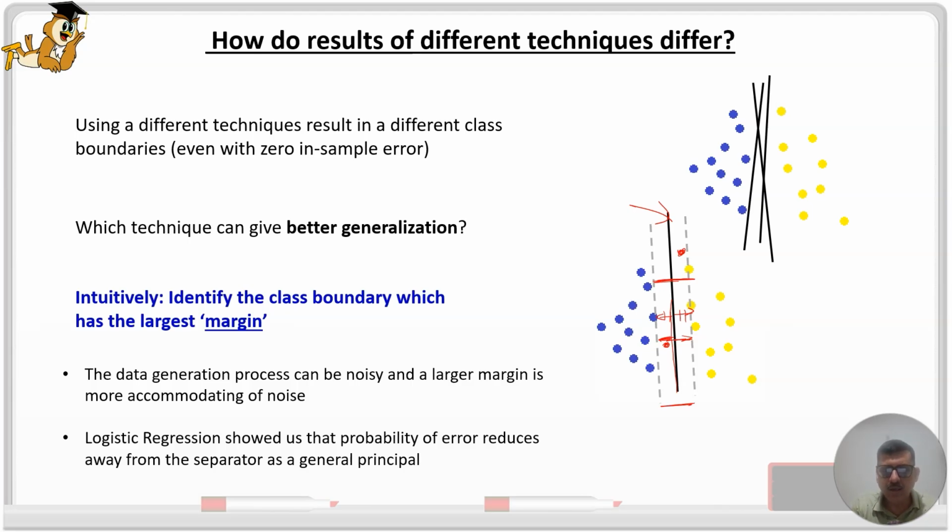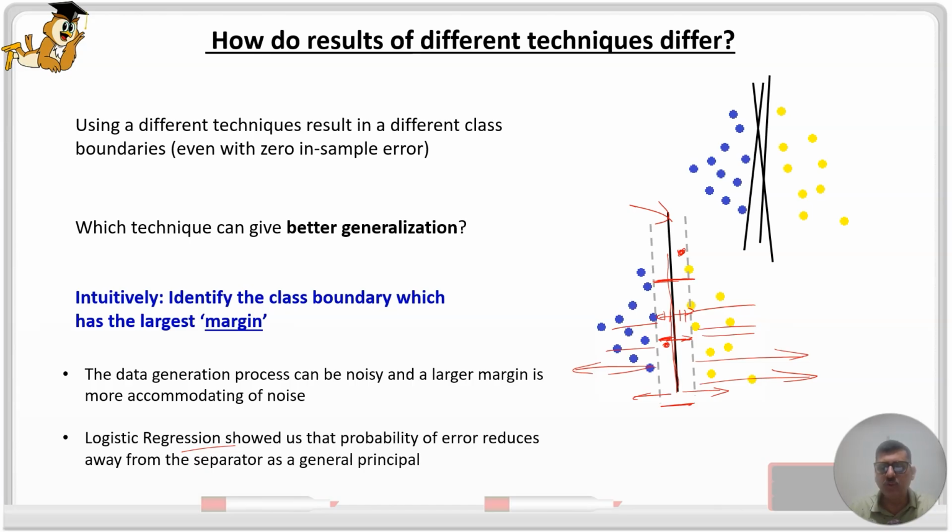The other general principle that you should keep in mind is that logistic regression, which we studied earlier, showed us that the probability of error reduces away from the separator. We saw that the probability of error goes down as the distance from the separator increases on either side, and therefore you want a scenario where your separator is such that all your points are maximally away from this separator to begin with.